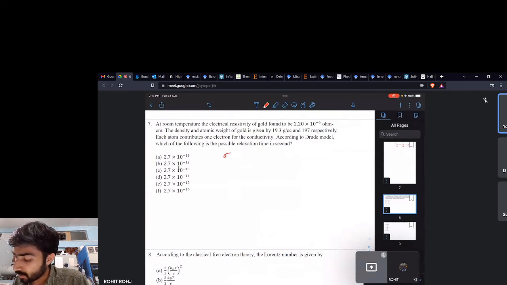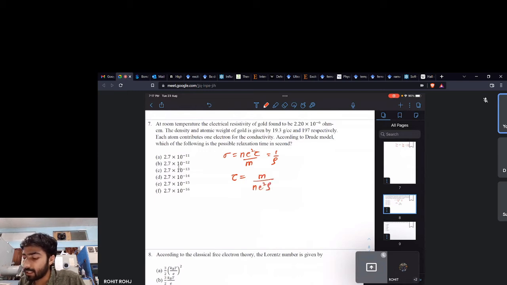Now, as we know, sigma is n e square tau by m, which is given by 1 by rho, because conductivity and resistivity are inversely proportional to each other. So here one can rearrange this equation for tau, which is m divided by n e square rho.